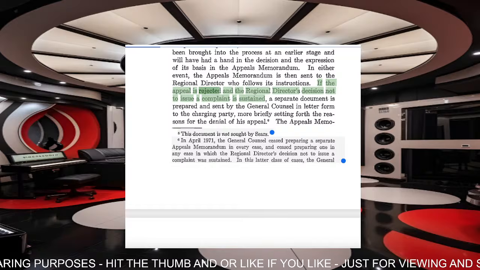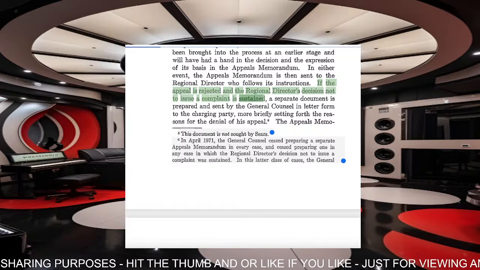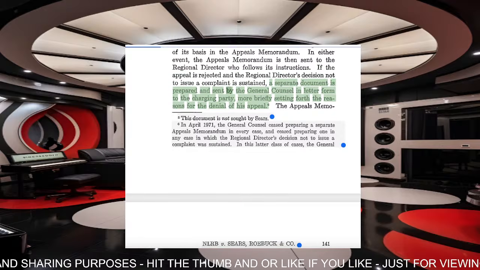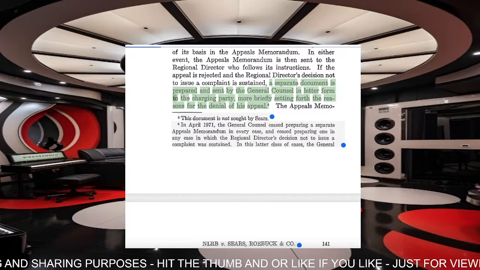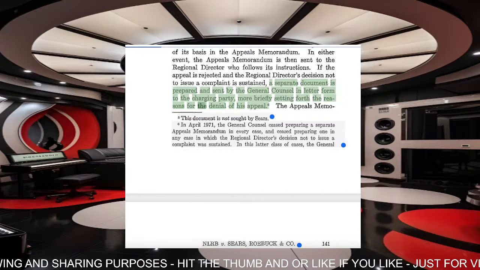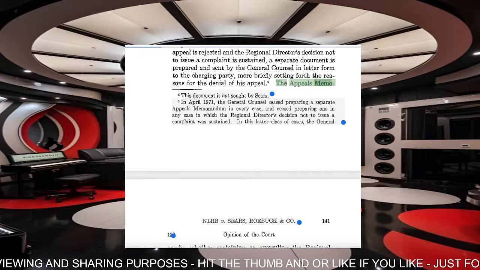If the appeal is rejected and the Regional Director's decision not to issue a complaint is sustained, a separate document is prepared and sent by the General Counsel in letter form to the charging party, more briefly setting forth the reasons for the denial of his appeal.